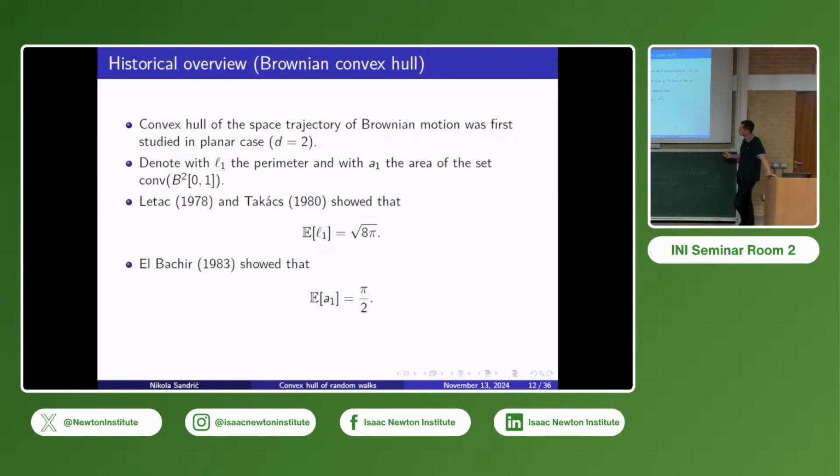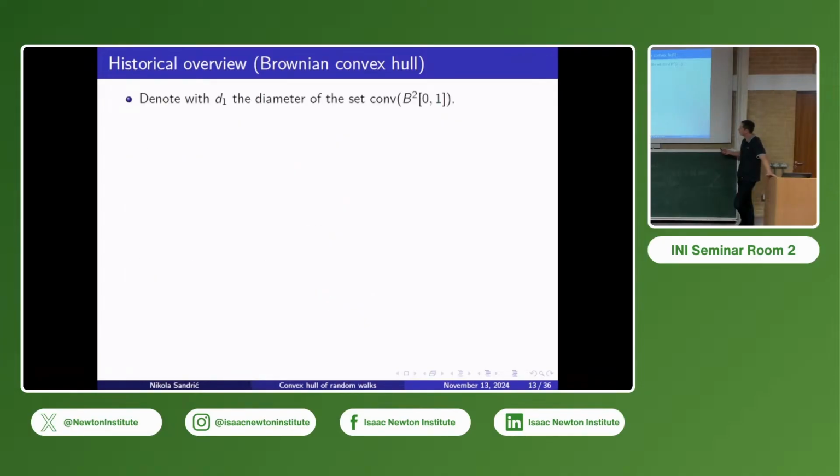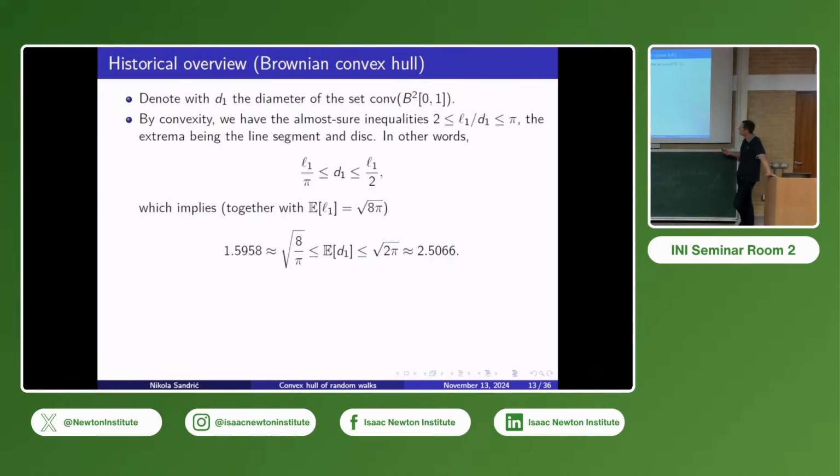Then later, El Bachir in 1983 showed that the expected area is pi over 2. Here one may also consider the diameter of this object. For the diameter, things are a bit more tricky. We don't know the exact value, only bounds.